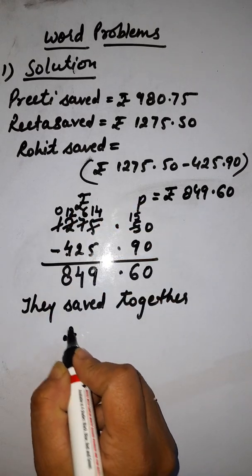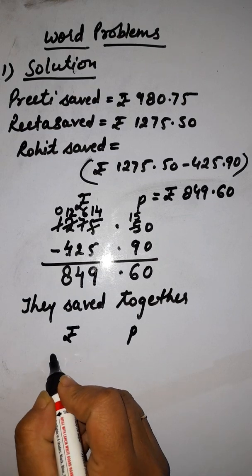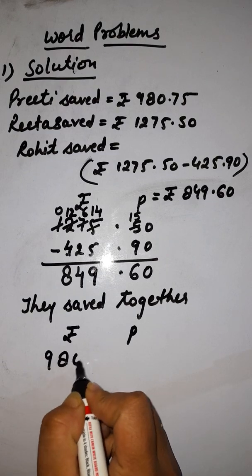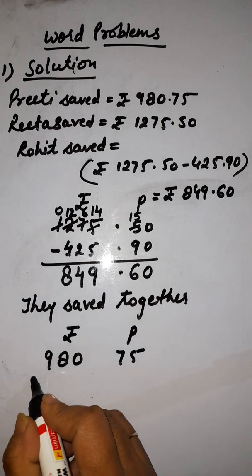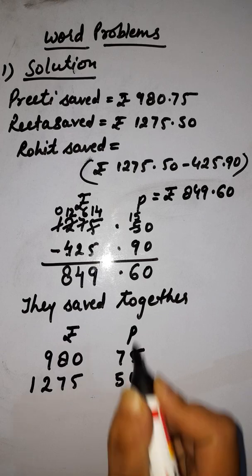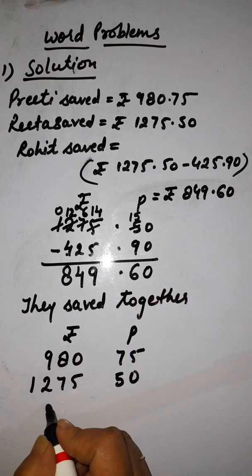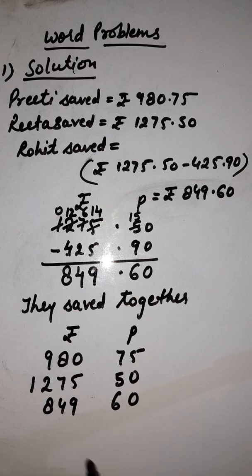We'll separate the rupees and paise columns. Now Preeti's saving is 980 and 75 paise. Rita's saving is 1275 and 50 paise, and Rohit's saving is 849 rupees and 60 paise.